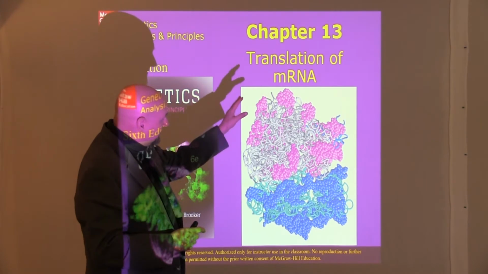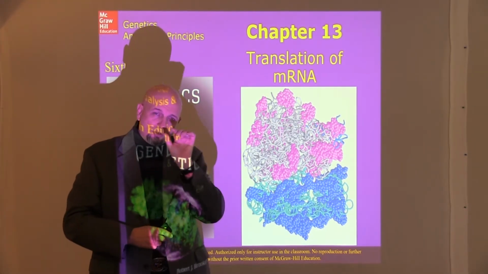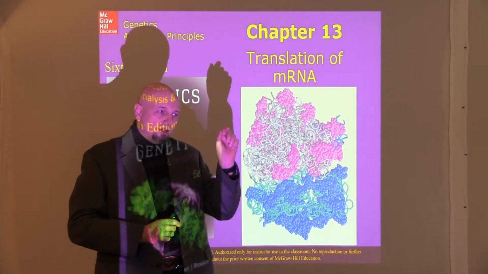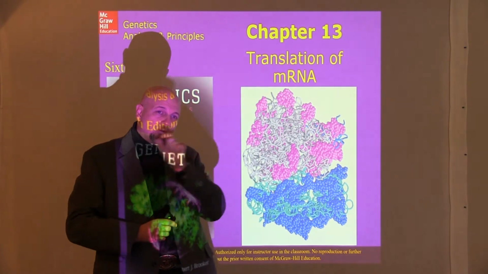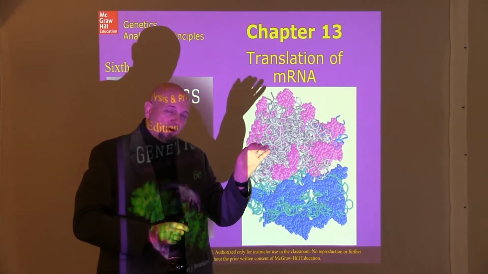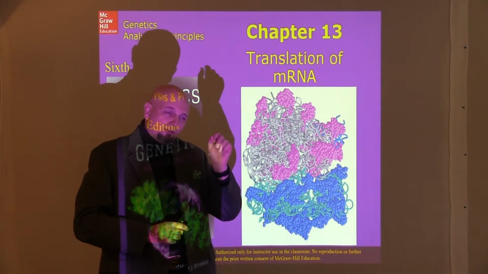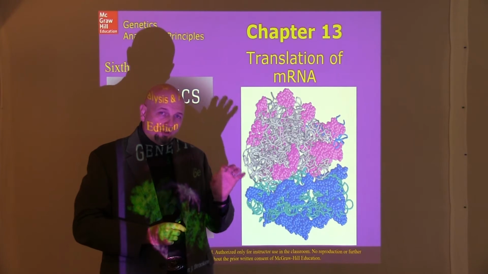Now when we take it to the level of translation, where we're translating that messenger RNA into a sequence of amino acids, that translation is going to translate that messenger RNA from the 5' carbon direction to the 3' carbon direction.